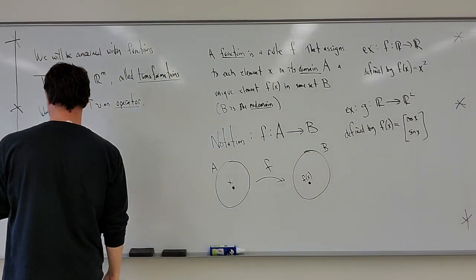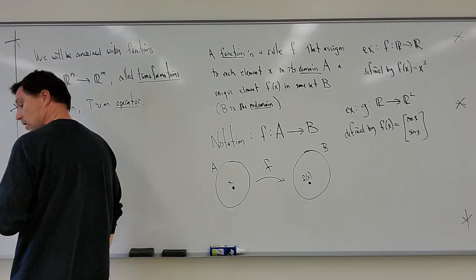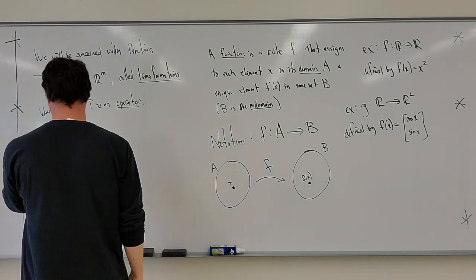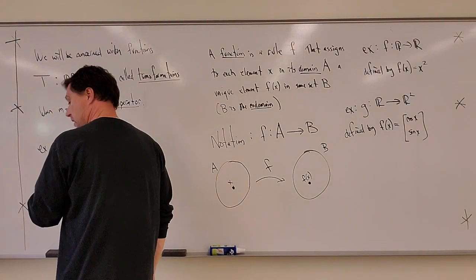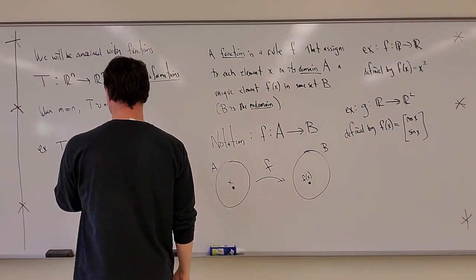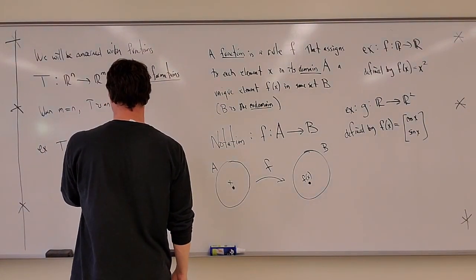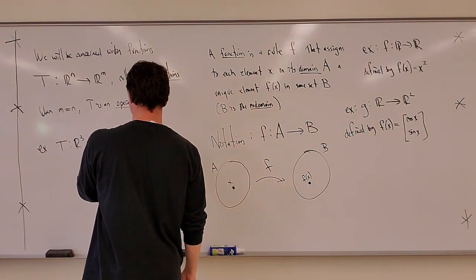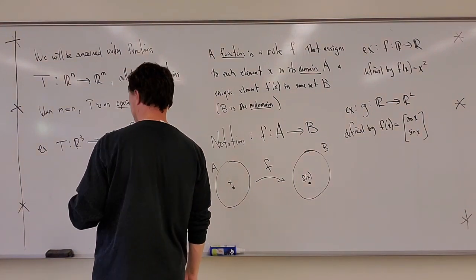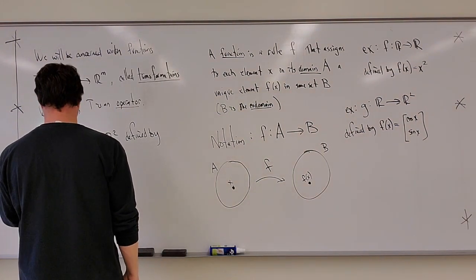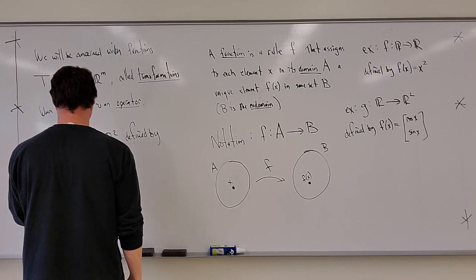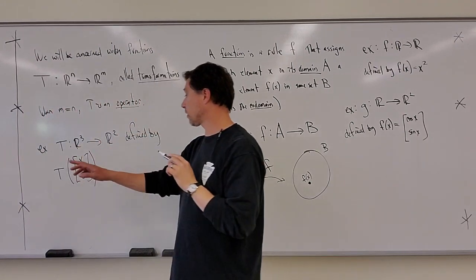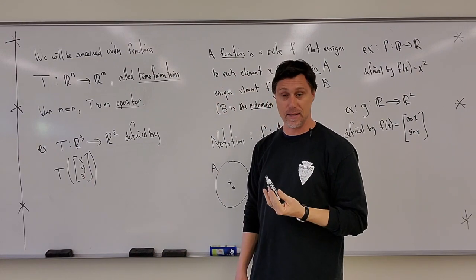So here's an example of a transformation. Let's do T from R3 to R2. And now I need to tell you the formula. So defined by T of, now the input is going to be a column vector of the form x, y, z.